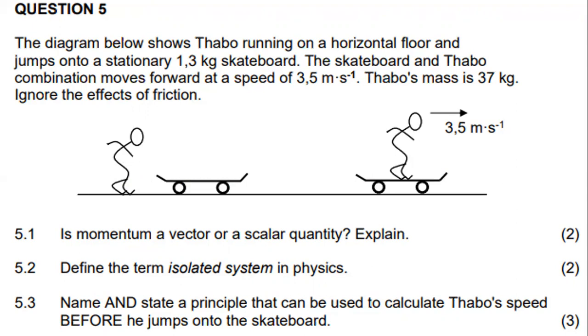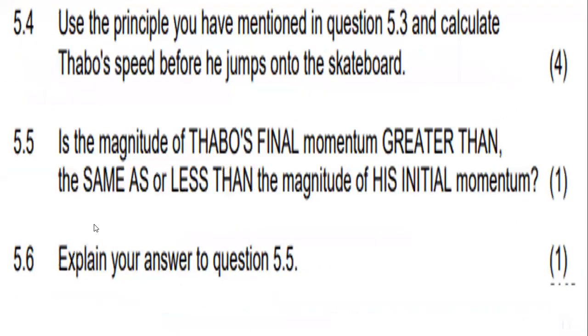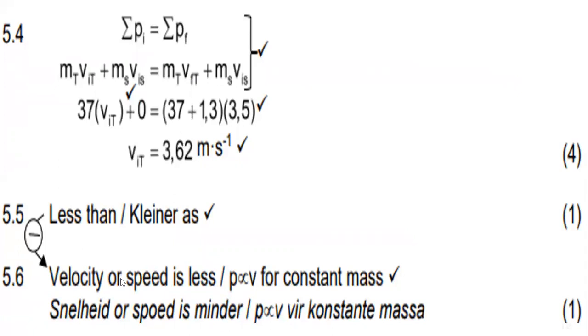Let us just check how it was marked, and our answer is less than. And what is the reason? The velocity or speed is less after the collision. So this refers to after the collision. So we revert back. In 5.5, we are saying the final momentum will be less than the initial momentum.